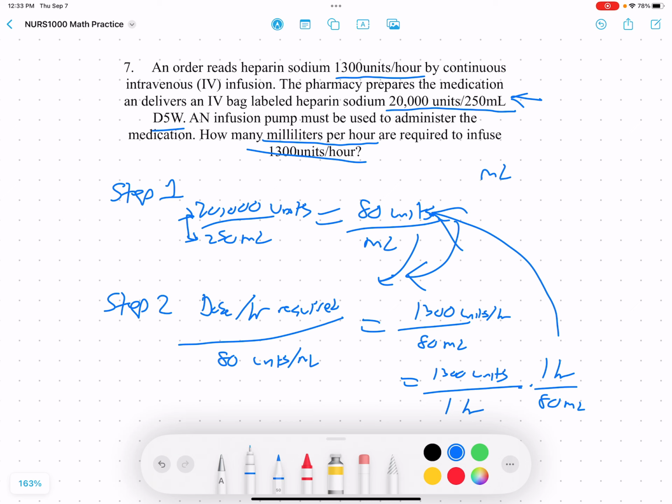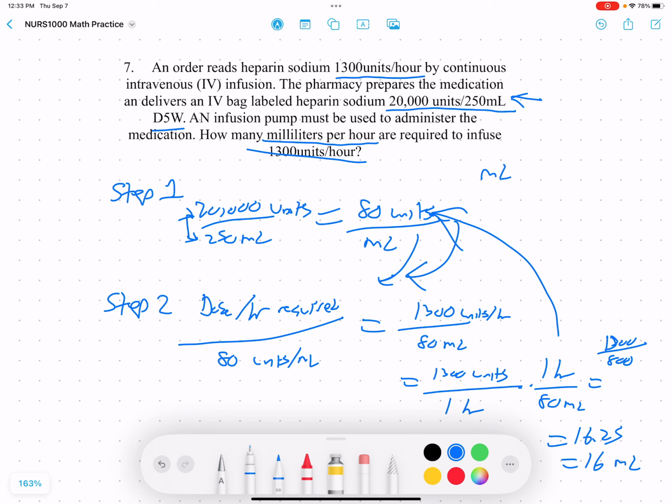And this might be a little bit confusing, but if you want to figure out how to get to that milliliters per hour answer, we're going to go ahead and switch these so that we can actually go ahead and do the math. That gives us a final formula of 1,300 over 80. That should be a 3, which gives us a final answer of 16.25, which we can round to 16 mils per hour.